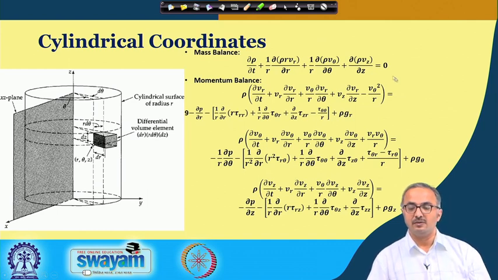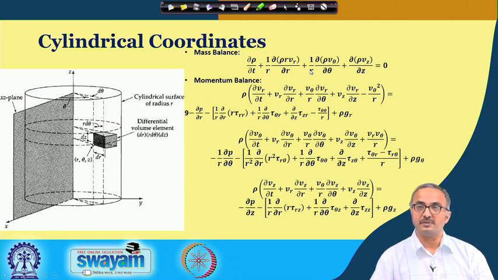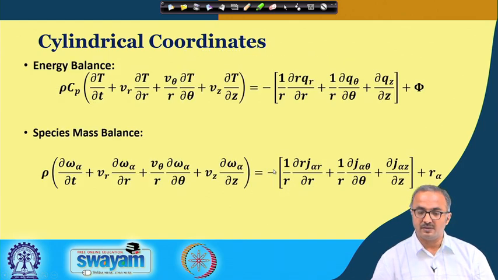So, you can derive it, or in my earlier lecture I also gave the transformation of one system of coordinates to another in nabla form. I showed you the different representations of nabla. With those you can easily find that these are the expressions for the mass balance, these are for the momentum balance, and similarly we have this for the energy balance, and this is for the species balance.